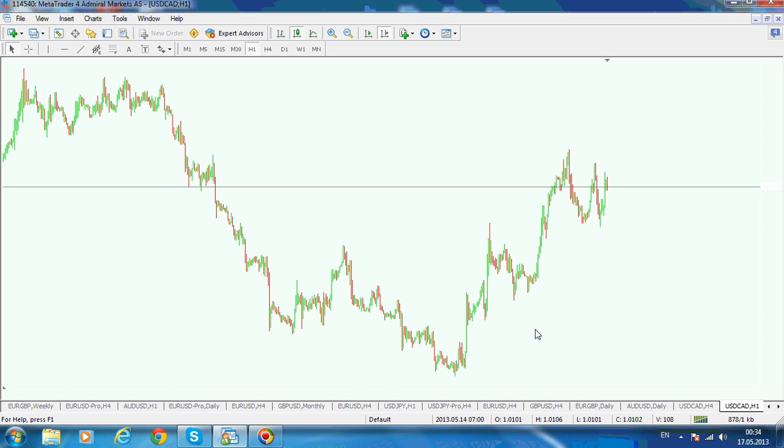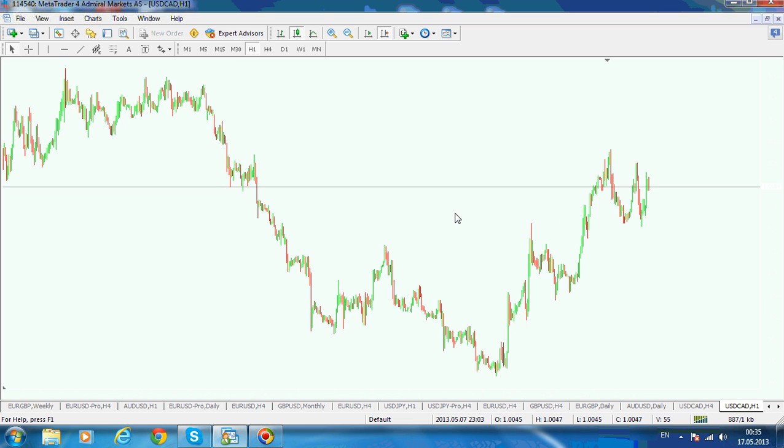What you're seeing here is a 1 hour chart, displayed on the US dollar, Canadian dollar, and this is the first subchapter, the early identification. You will see two situations in which a contracting triangle appears.